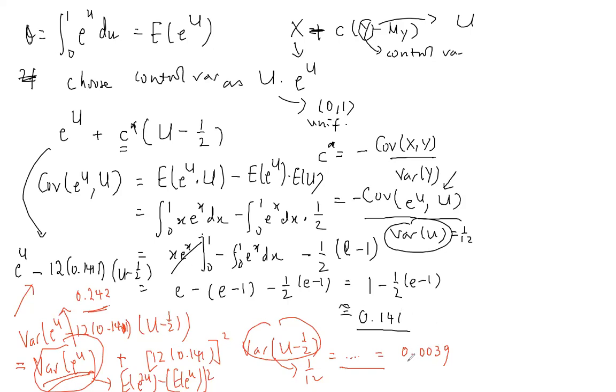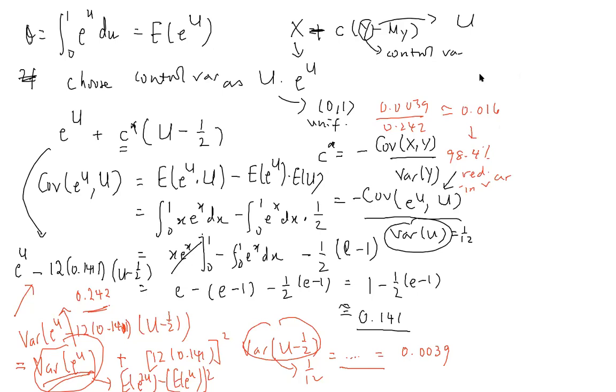You divide 0.0039 by 0.242 and you get something close to 0.016, which means you have achieved about a 98.4% reduction in variance. All right, that's an example of using the control variable.